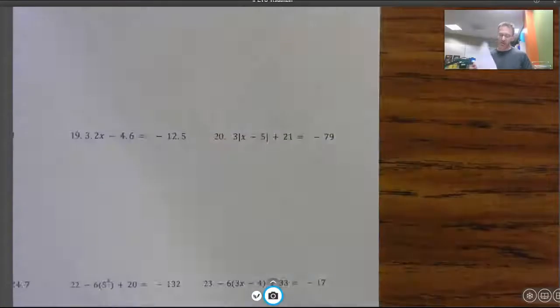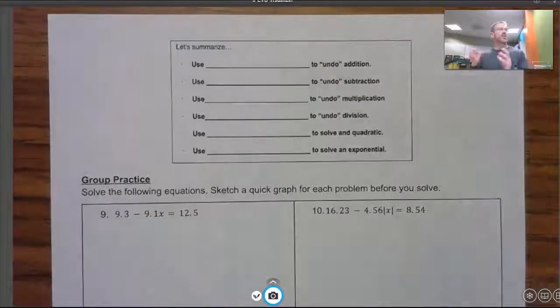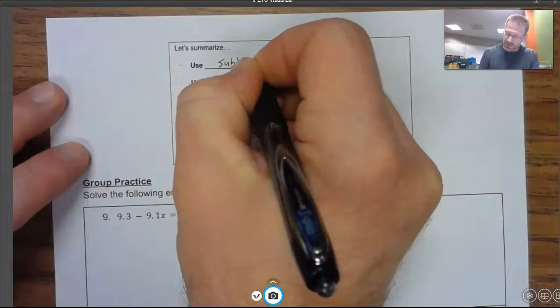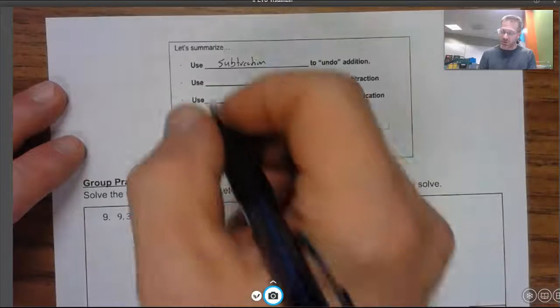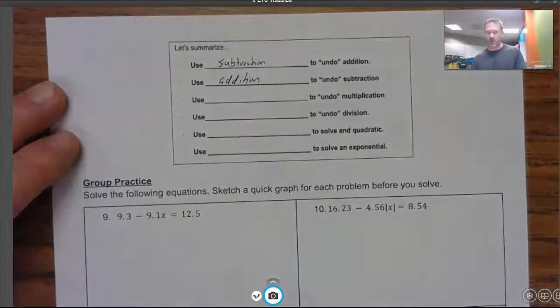All right, so let's flip the page and summarize real quick. To undo, we always want to do the opposite. So we want to use subtraction to undo addition. We want to use addition to undo subtraction.